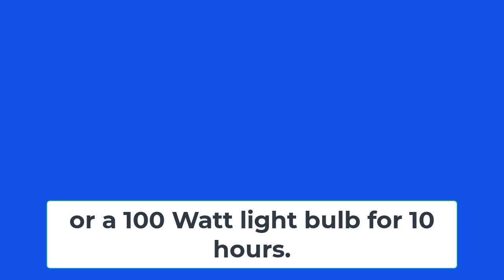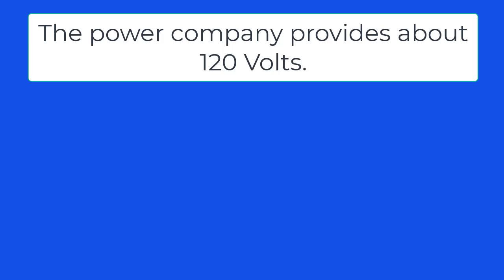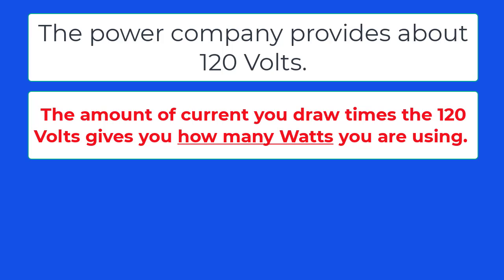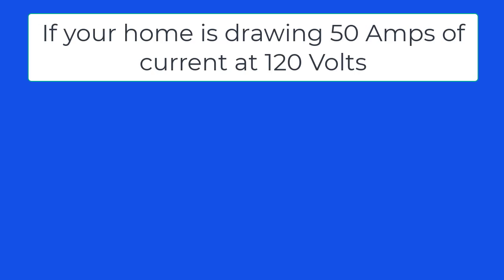The power company provides about 120 volts. The amount of current you draw times the 120 volts gives you how many watts you're using. If your home is drawing 50 amps of current at 120 volts, it's drawing 6,000 watts.